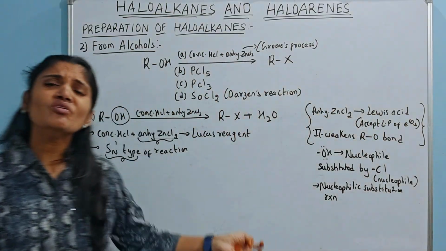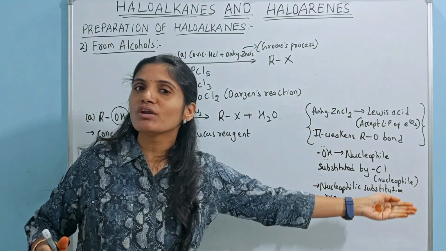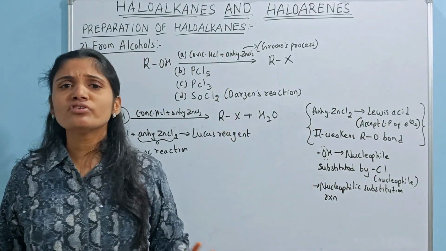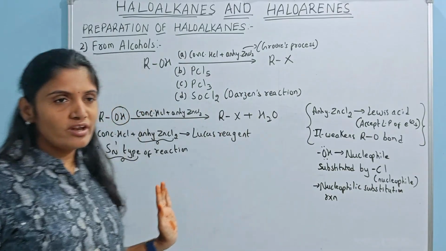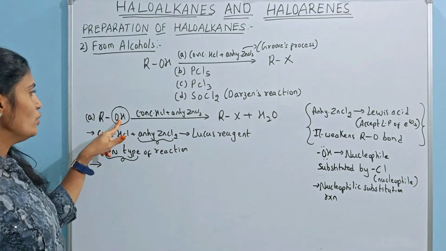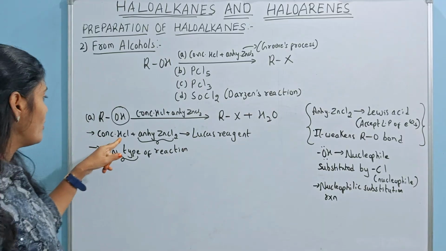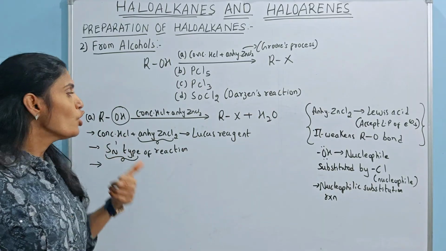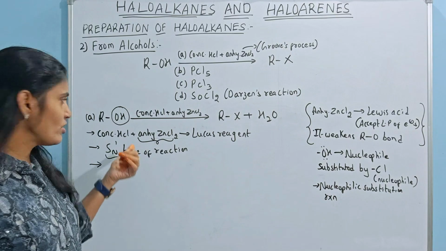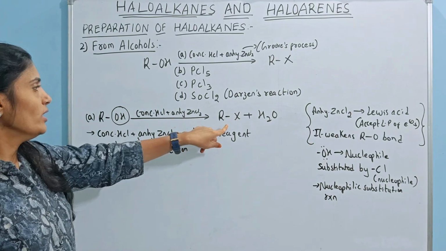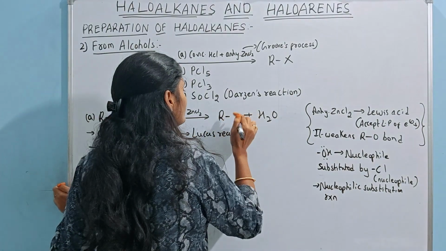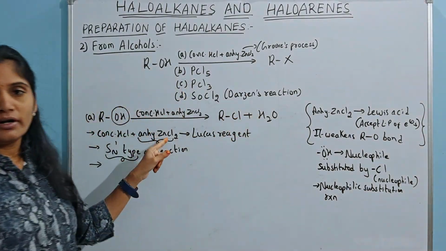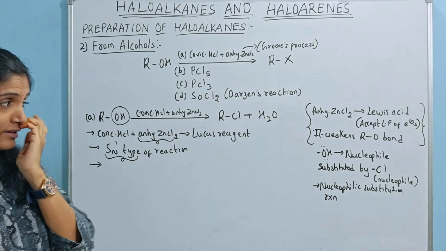We'll see this in much more detail when we do properties of haloalkanes, but how much you need to understand for this particular reaction, I am telling you that much. Here one nucleophile will be substituted by the other nucleophile which comes from concentrated HCl, forming RCl plus H2O. Here I can directly write RCl because I am dealing with concentrated HCl plus anhydrous ZnCl₂.